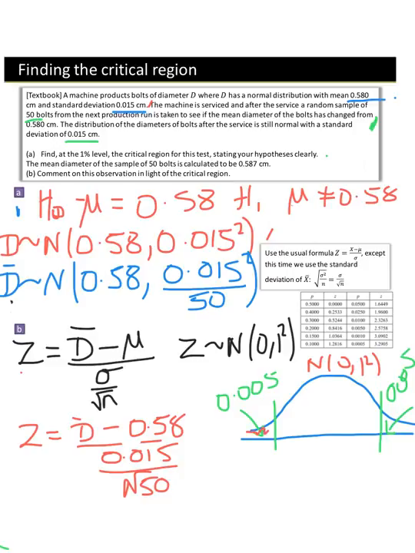To do that, I can either use this table here to find my Z value, or I can use the calculator using an area of 0.05, a mean of 0 and a standard deviation of 1. This gives me my two values, so I have minus 2.5758. Because it's symmetrical, this end here is 2.5758.